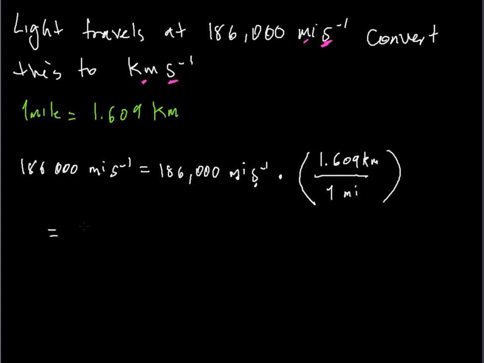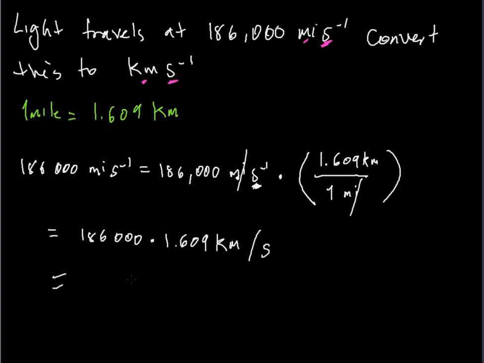And now we're in a position to cancel out our miles. So we can rewrite that again. We'll cancel out our miles. And so we are left with 186,000 multiplied by 1.609 kilometers, and then divided by, since the mile is cancelled, we have our time unit left at the bottom, so we have our seconds.